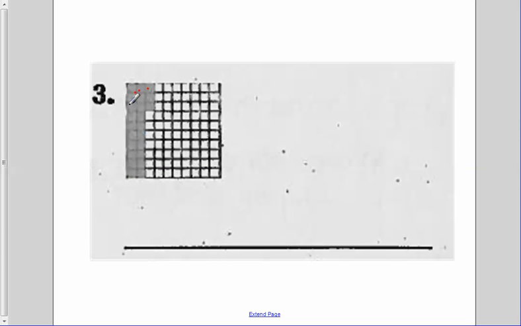Our next example would be for number 3, and we have 2 bars that are completely filled in, but this one I only have 3 of the hundredths filled in. So for number 3, we have 0 and this is 23 hundredths.